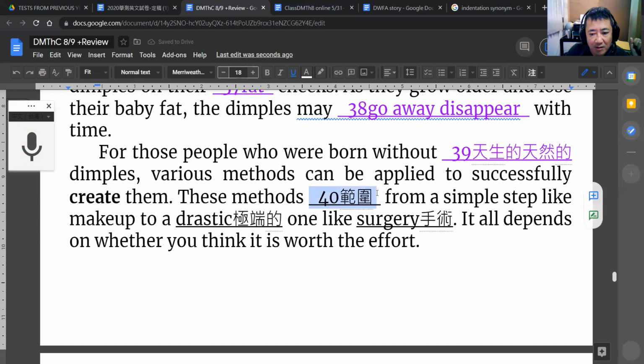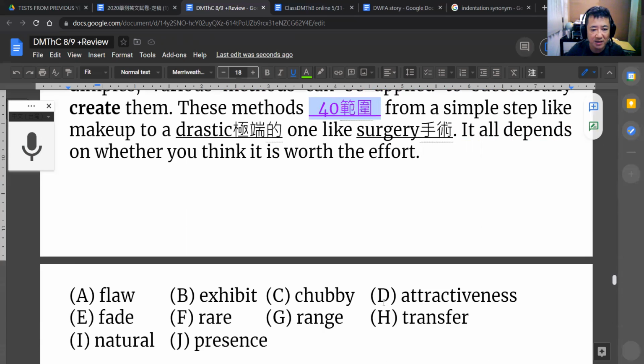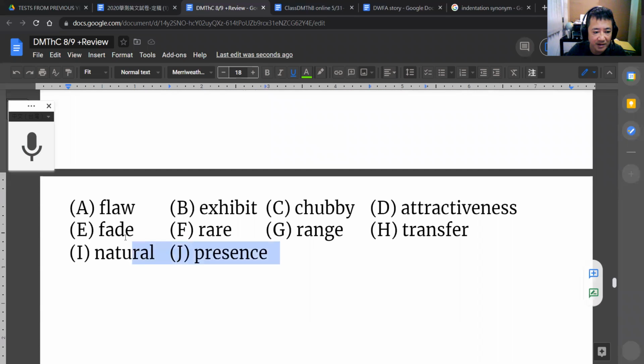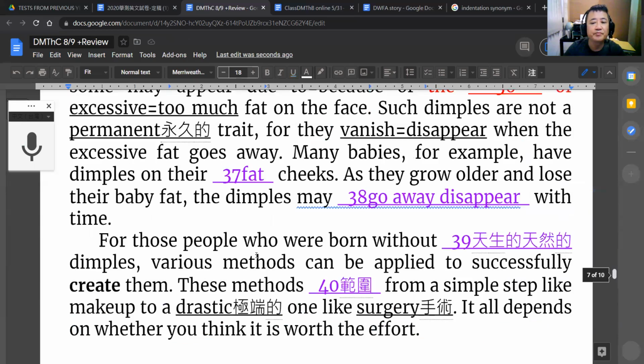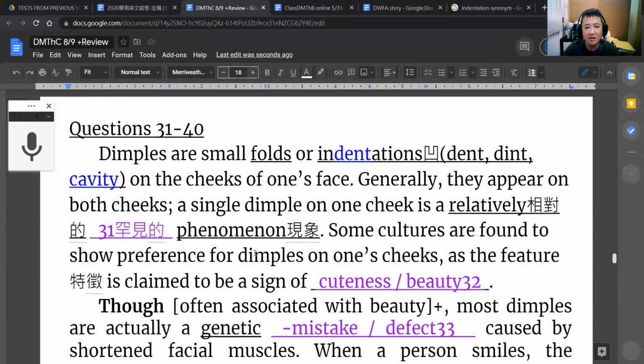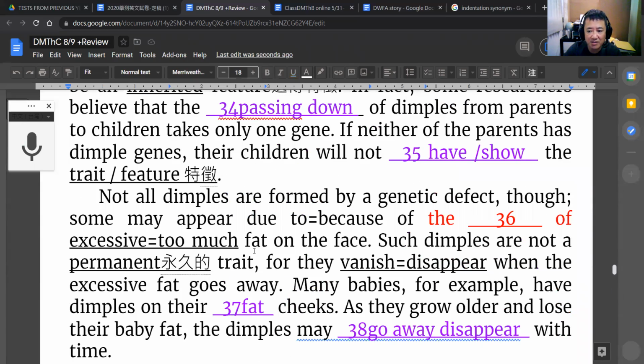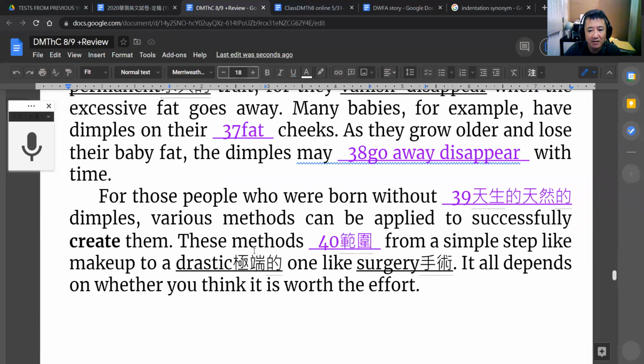So I need a word that means the 范围 from simple 0 to 极端 drastic 100, right? And there's a word down here that means 范围. All right. Good. So, and then we'll talk about some of these words also as we go on, okay?